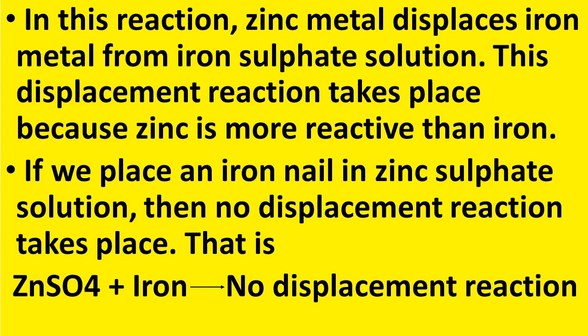And now you know why it happens. Because zinc is more reactive than iron. So it can replace iron from its salt solution, that is iron sulfate solution. Therefore, we can conclude that a more reactive metal can displace a less reactive metal from its salt solution.